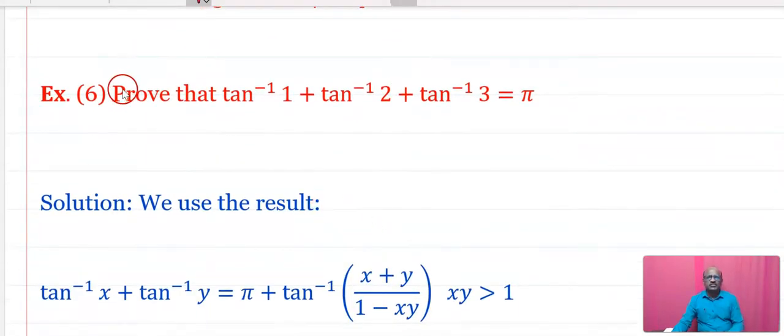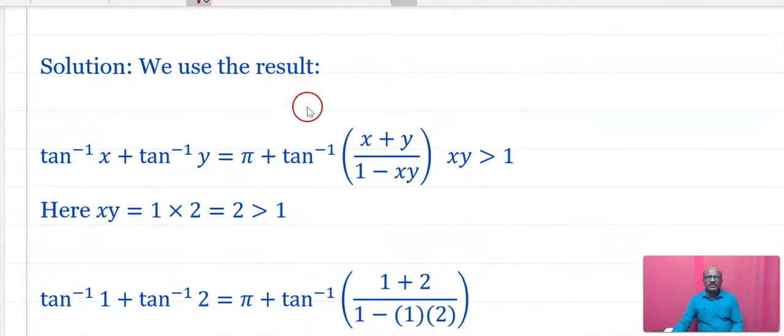Now the next is, prove that tan inverse of 1 plus tan inverse of 2 plus tan inverse of 3 is equal to pi. We use the result tan inverse of x plus tan inverse of y is equal to pi plus tan inverse of x plus y upon 1 minus x into y, when the product is greater than 1.